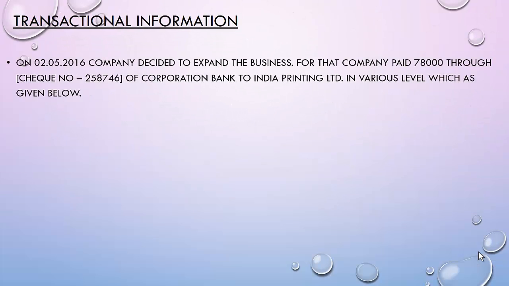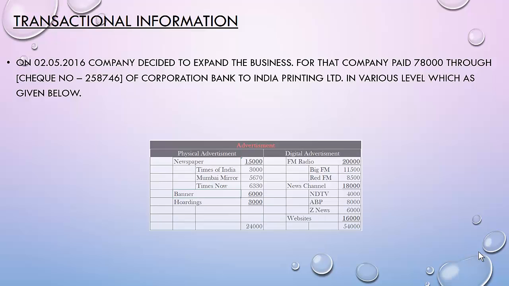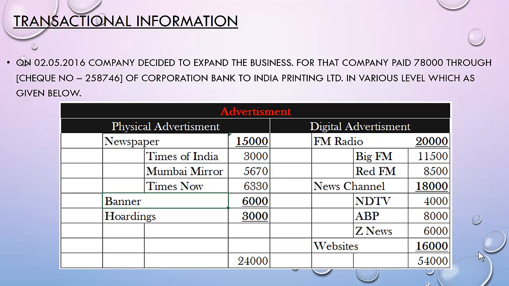Next, on 2nd May 2016, the company decided to expand the business. For that, the company paid 78,000 through check 258746 of Corporation Bank to India Printing Limited in various heads which have given values. Advertisement. That advertisement has been classified in two ways, that is physical advertisement and digital advertisement.